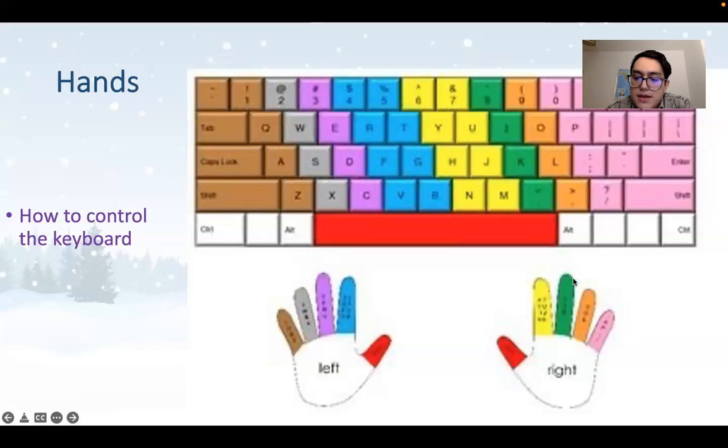Next one is the middle finger of the right hand, which is green, and it's matching with the green colored keys, which are point, full stop, K, I, and 8. Next one, we have the orange finger. Can you tell me what finger is that? It's the ring finger. Yes, so it's also controlling other keys, which are orange, like 9, O, L, and so on.